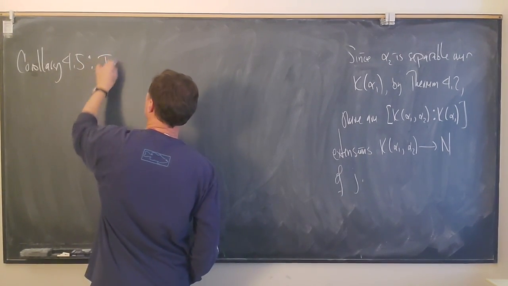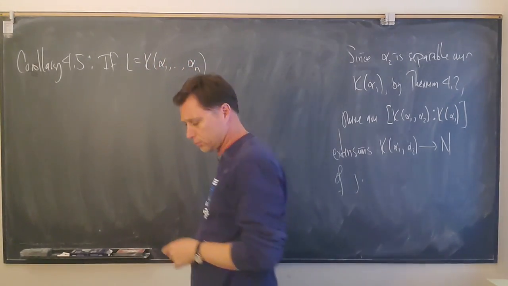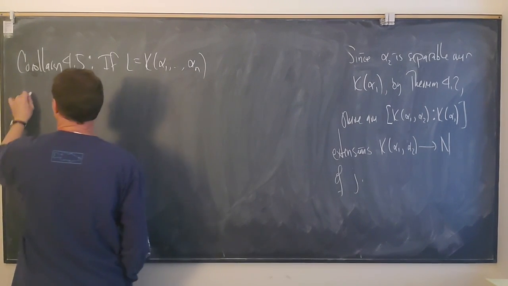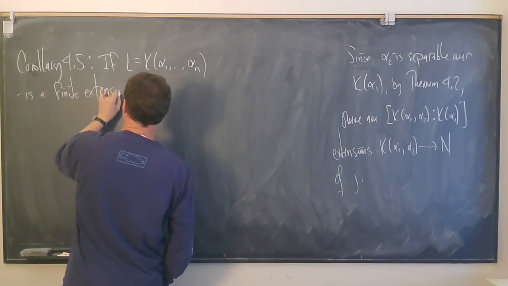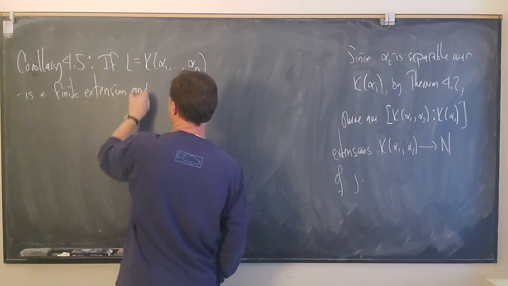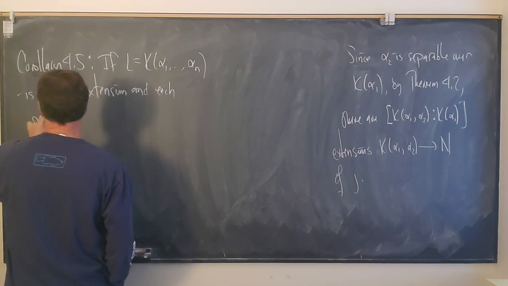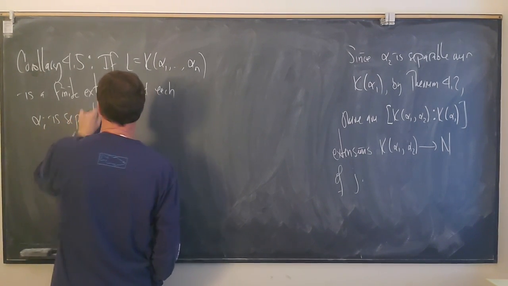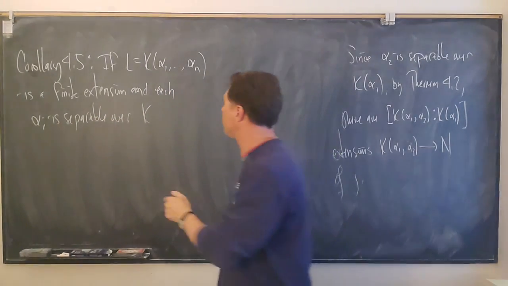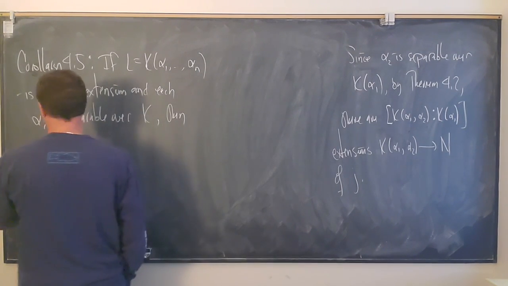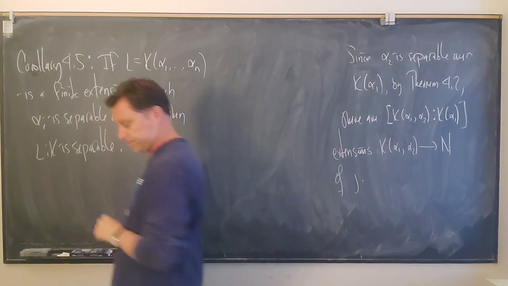If L, which is K adjoin alpha 1 up through alpha n, is a finite extension, and each alpha I is separable, so here's the good part, separable over K. We don't have to do K adjoin alpha 1 up through alpha I. Then L over K is separable.